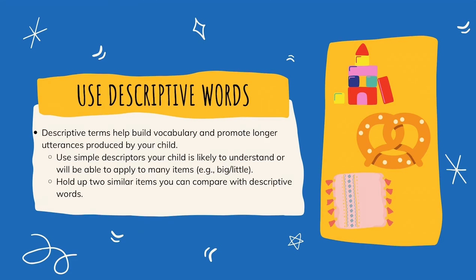Big and little are good examples of simple descriptive terms you can use to talk about lots of different things in your house. When you're using descriptive words, be sure to hold up similar items you can use to compare with descriptive words. For example, hold up 2 different spoons while you're in the kitchen making dinner and label each as big spoon or little spoon, showing your child each as you are labeling.